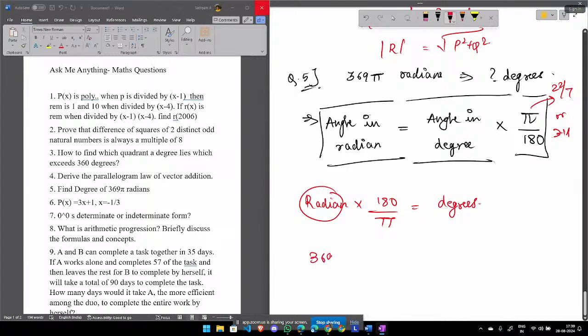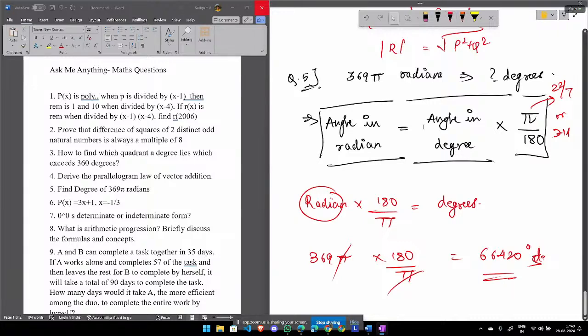It is 369 pi radians into 180 upon pi. Pi cuts, and the resultant value is 369 into 180. So what would be the value of 369 into 180? It would be 66420 degrees. This was only what they have asked us in the question.